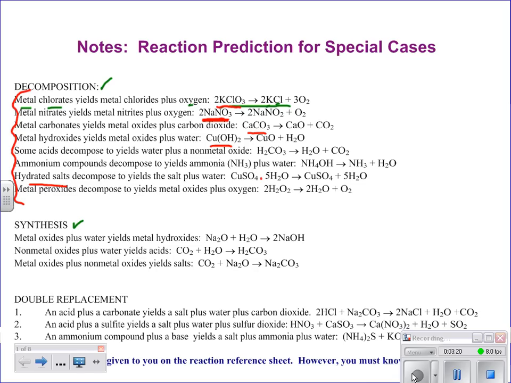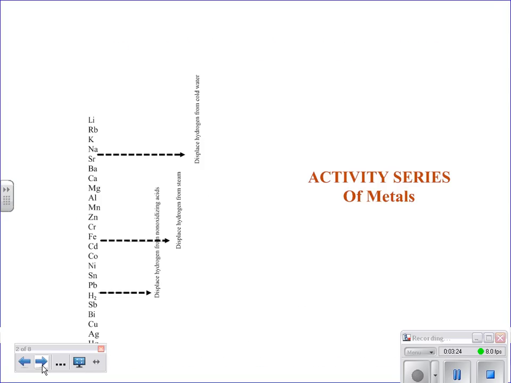But anyway, here are our special cases, and we said that single replacement was missing from this list. I just went ahead and put this in here because we're going to want to refer to it. But remember that your activity series, whether it be for your metals, which you use this for, or your non-metals, which you look at your periodic table for, you only use your activity series for single replacement reactions. And then yesterday, we also practiced how to use this information.